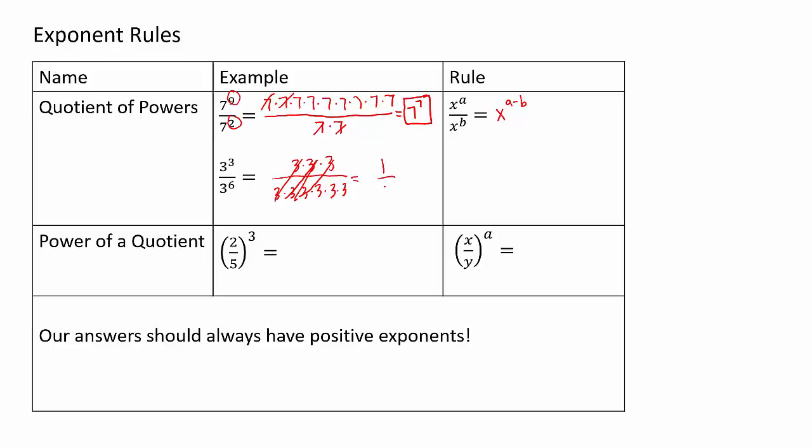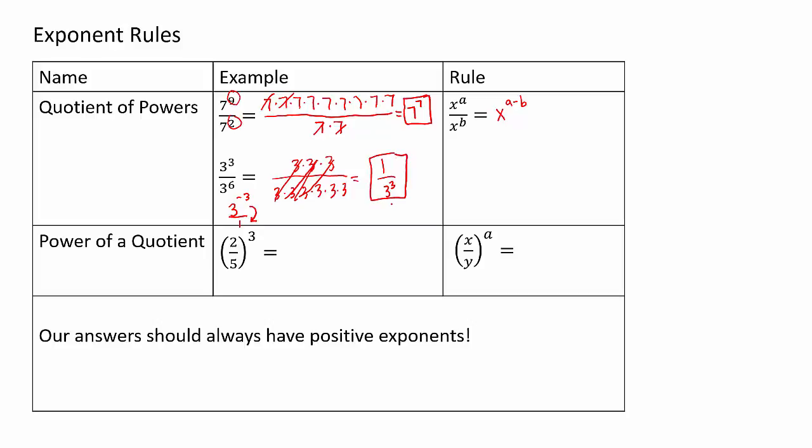So this is 1 over 3 cubed. Well, we get that when we subtract our exponents, if we say 3 to the 3 minus 6 is negative 3. And then we have to remember our rule that we don't want to leave things with negative exponents. We want to move those down to the bottom. So that's how we end up with this 1 over 3 cubed.